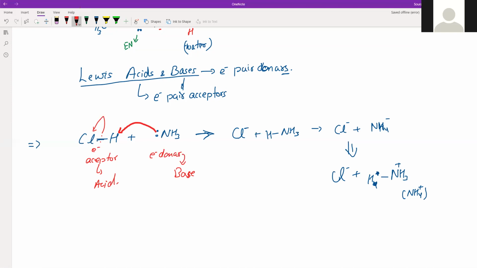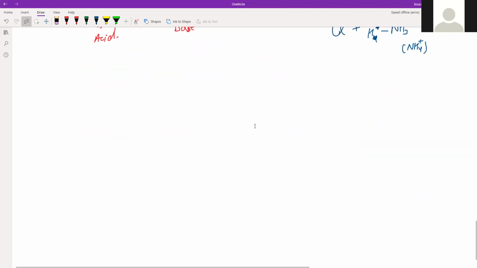That is the definition for Lewis acid and Lewis base. Now it doesn't mean that the concept of conjugate acid and conjugate base is not applicable here. Here also that is applicable. So that was about the reagents, that is, acids and bases and how they react.